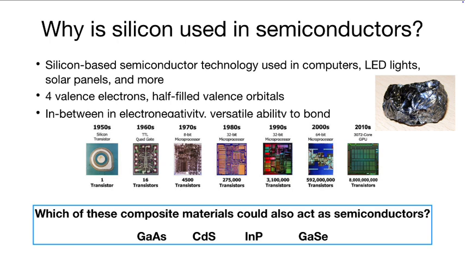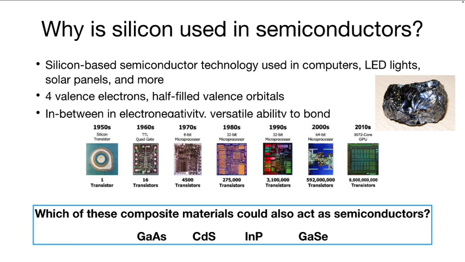So if we go through and look at it, 4 valence electrons and half-filled valence orbitals tend to be part of that contribution. Remember, carbon had that same system, but carbon wasn't able to conduct because of where it's located. Higher up on the table means the gap between our energy levels is significantly larger.